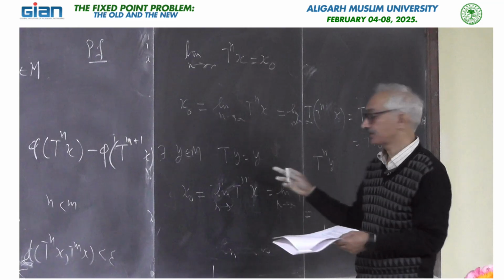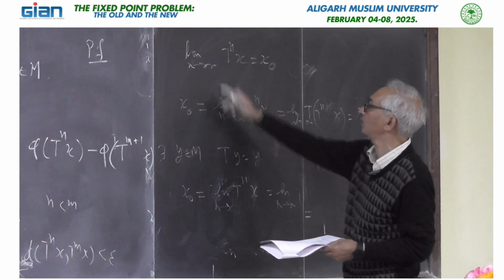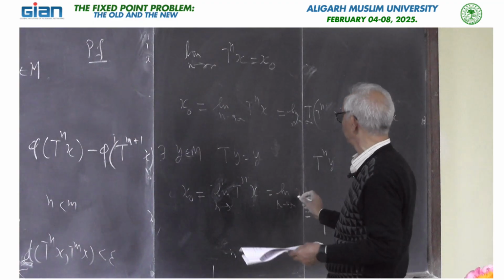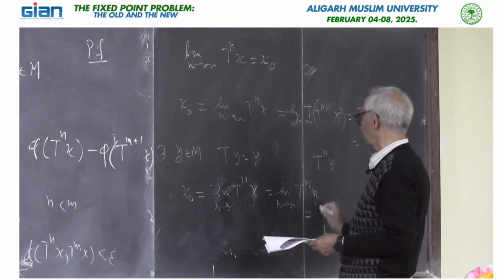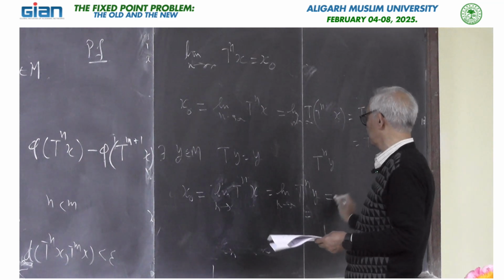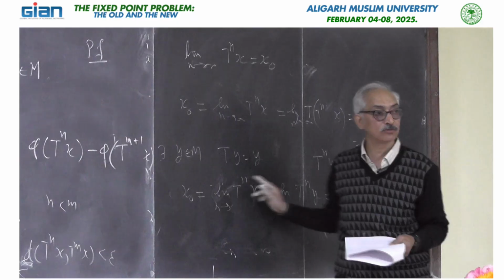You can start with any point, and that is going to be Tn of y, which is a constant sequence, and therefore this is equal to y. So x0 has to be equal to y.